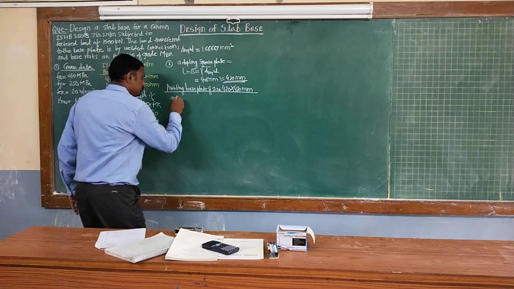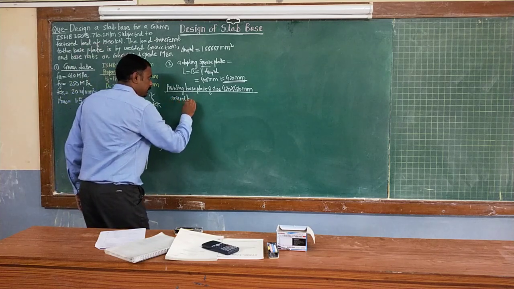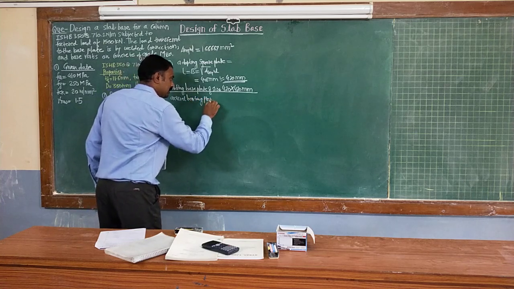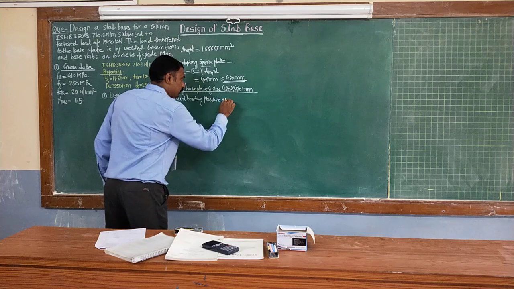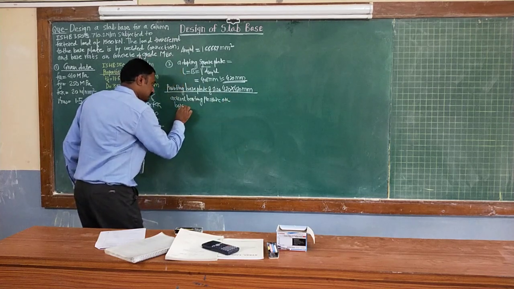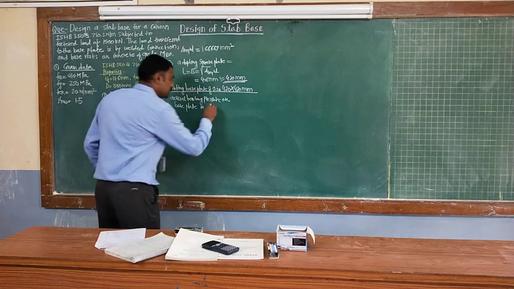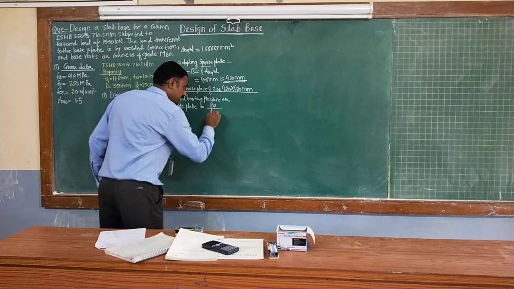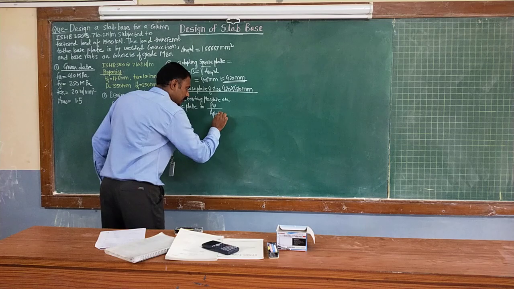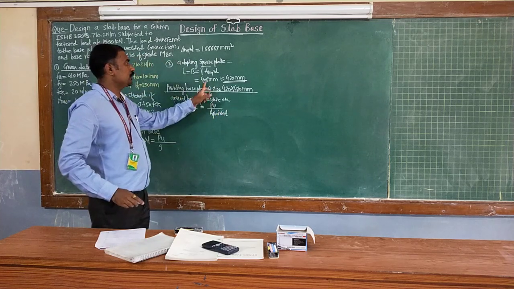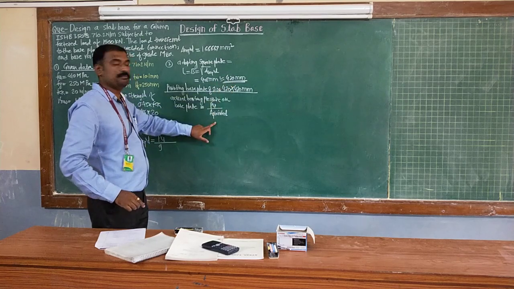So actual bearing pressure on base plate, we are calculating using total load divided by area provided. As you have rounded the value from 408 to 420, there will be a certain change in bearing pressure.